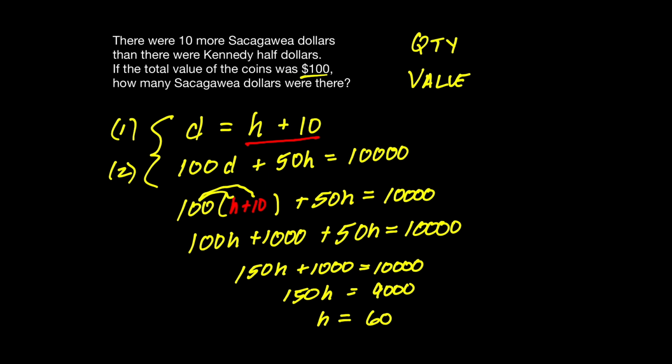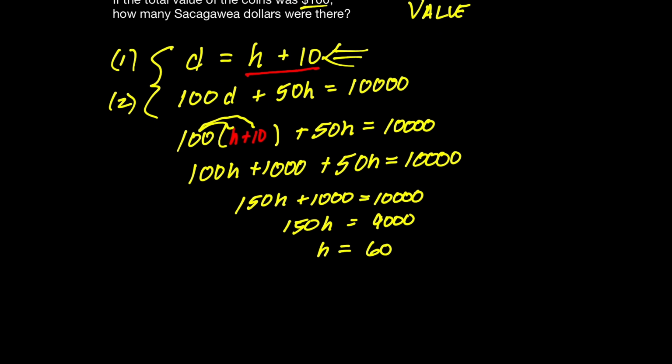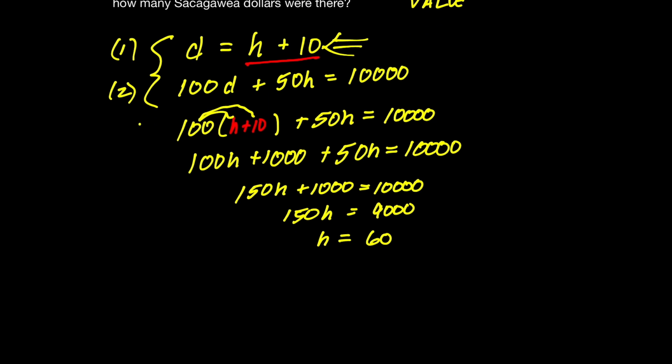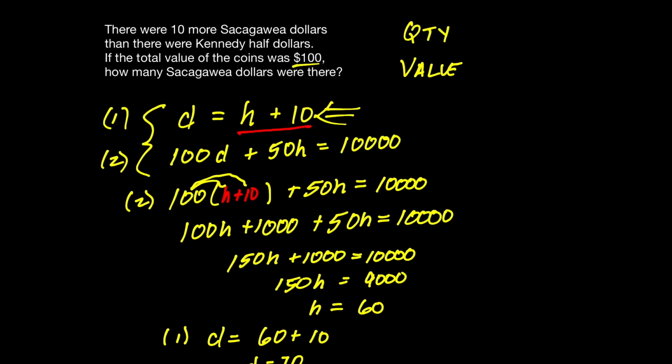And I'd probably come back up to equation number 1, because I've been dealing with equation 2. So D equals the number of half dollars plus 10. So there must have been 70 of those Sacagawea coins.